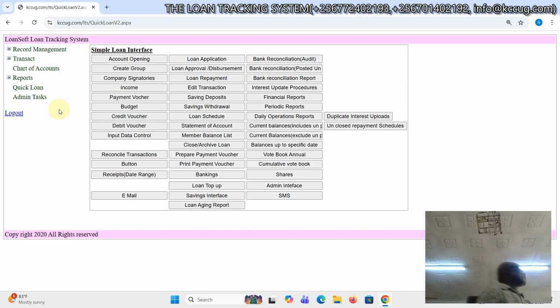And that is where the scenario that we are talking about comes in, the practical scenarios. A situation where somebody applied for a loan for 6 months, okay? But now he wants to retire it after 3 months.